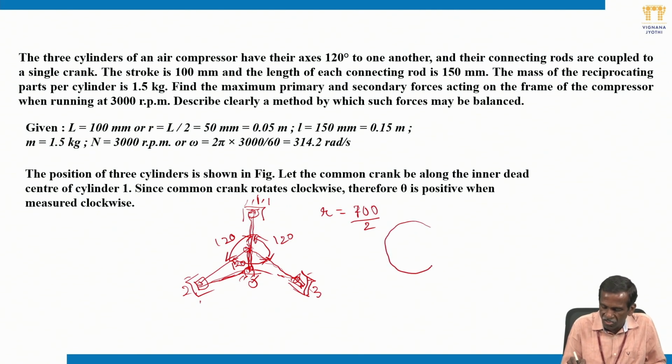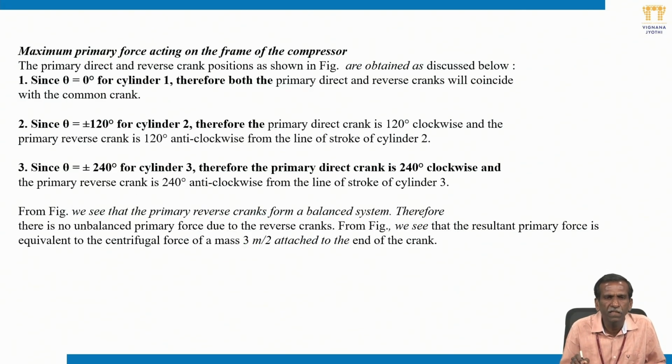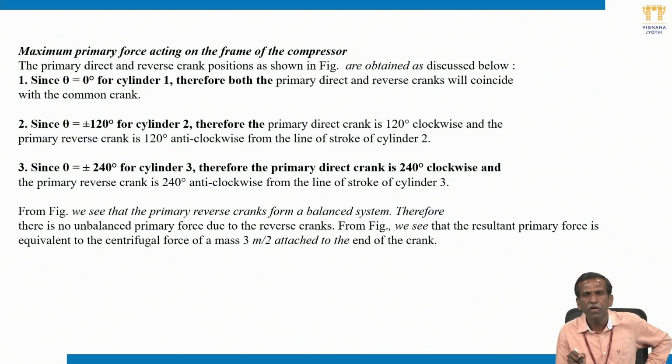See, these are 120 degrees orientation. Then we can see the maximum primary force acting on the frame of the compressor. How can we calculate it? We need to understand the primary direct and reverse crank positions. For the first cylinder, because theta is 0, both the primary direct and reverse cranks will coincide with each other.